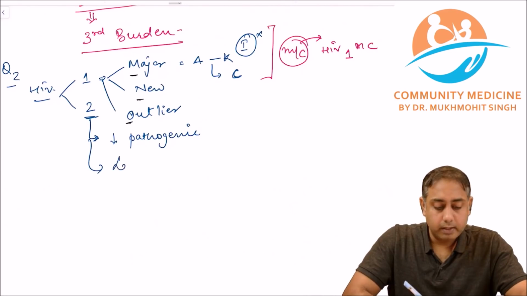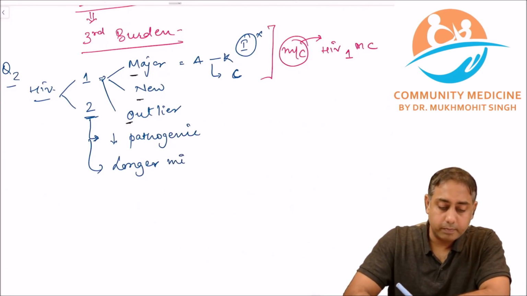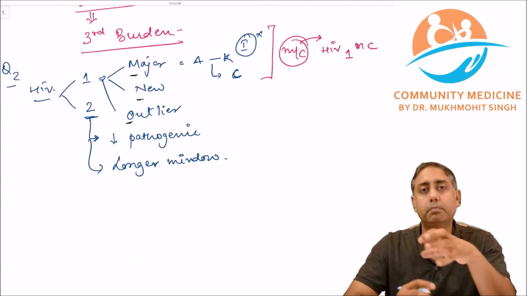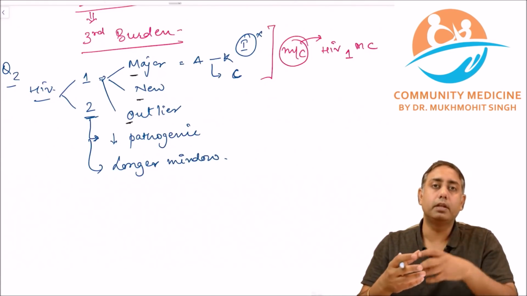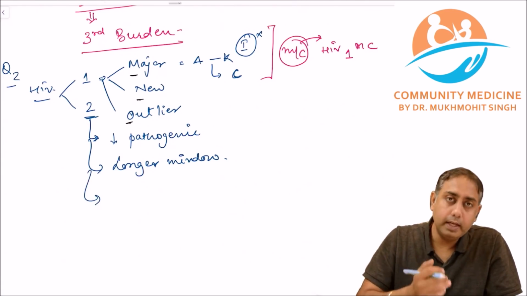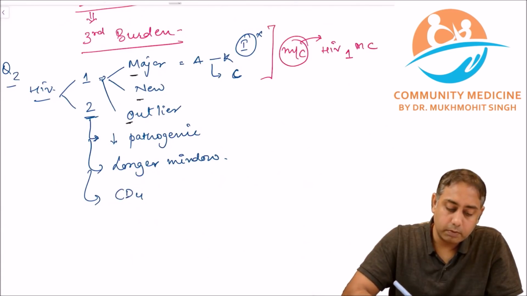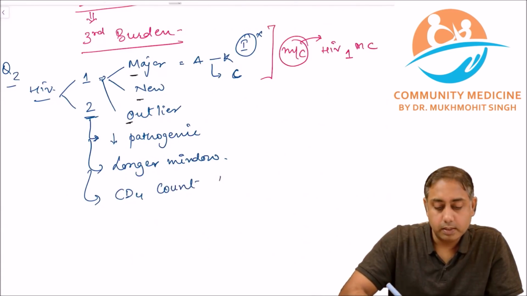It has a slightly longer window period, that is, the presence of clinical features is particularly delayed, and there is a delayed decline in the CD4 count. So the CD4 count has a slow decrease.